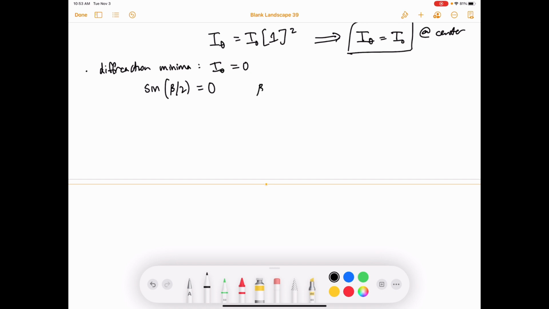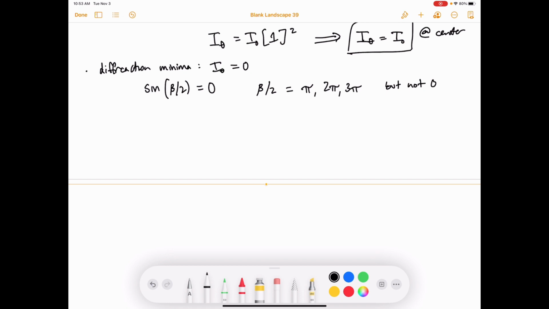Which means beta over 2 can take on a range of values. It can be pi, it can be 2 pi, it can be 3 pi. Sine of any of these angles will be 0, but not 0, okay? We don't want beta over 2 to equal 0. Okay, cool.